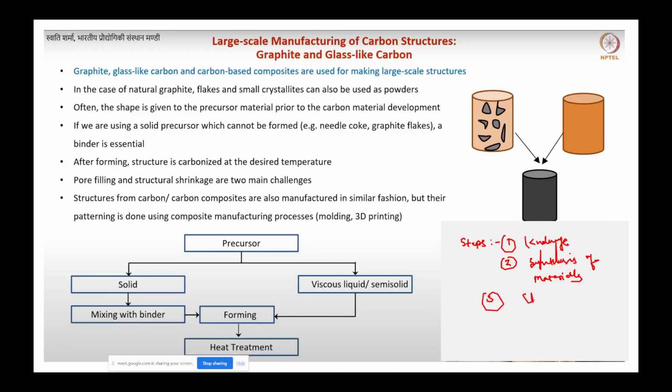Third, your characterizations, let's say your surface characterization, your electrical characterizations, and you can also do some mechanical characterizations.